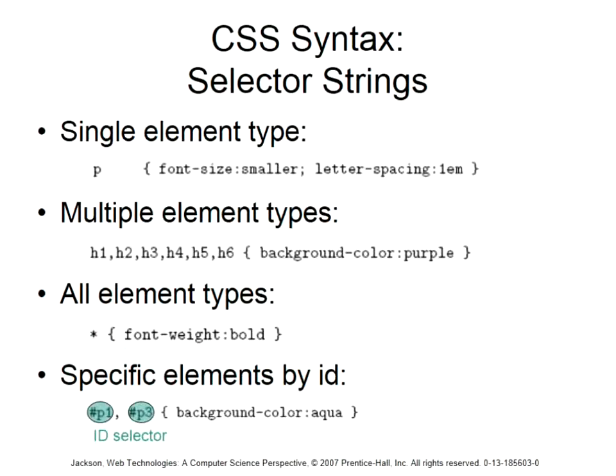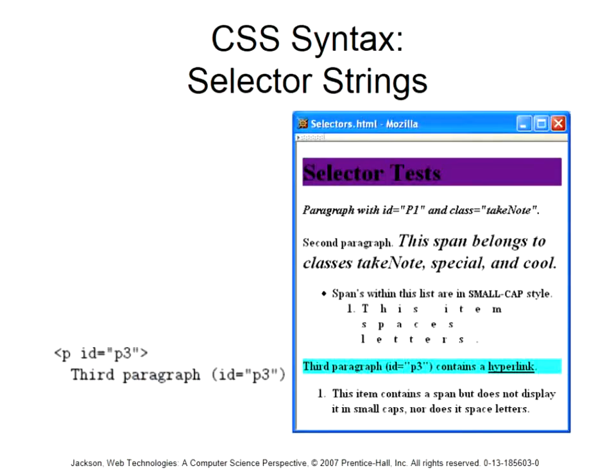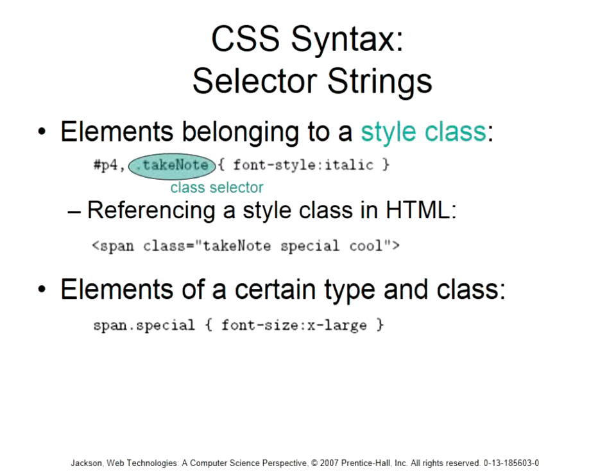Star is a universal selector. So this is a paragraph with ID equal P3. So ID is an attribute.